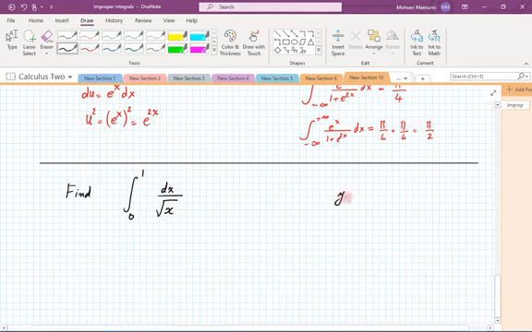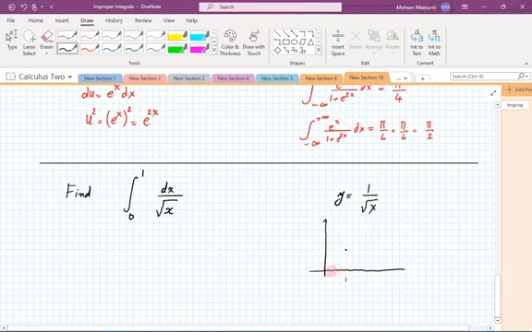Because if you look at the integrand, 1 over radical x, and graph it on the interval from 0 to 1, here is my quick graph of this thing. 1 over radical x again is not a well-known function, it's just some function. At 1, this is 1.